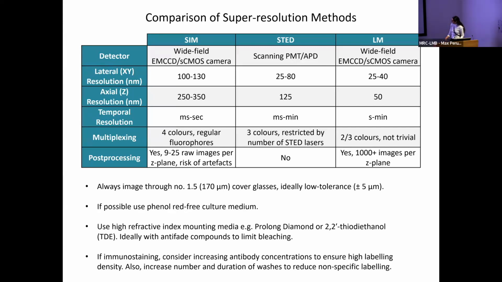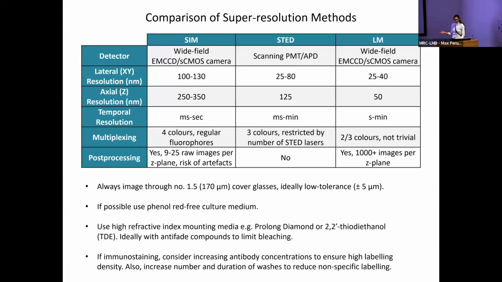That allows you to get a correct image. Same if you want to remove autofluorescence: if you use phenol-free cultures, you have less fluorescence, so you can identify your structure a bit better because you don't have extra noise. And same with having a mounting media with a higher refractive index, you improve the resolution.